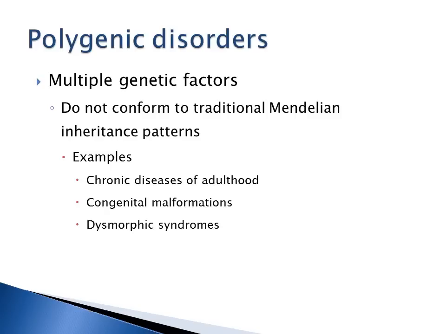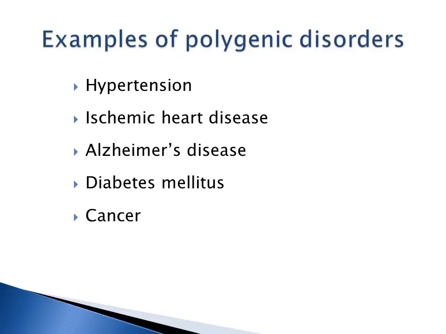Usually multiple genetic factors are involved, and they also don't commonly have traditional Mendelian inheritance patterns. Some polygenic disorders are high blood pressure, heart disease, Alzheimer's disease, diabetes, and certain cancers.